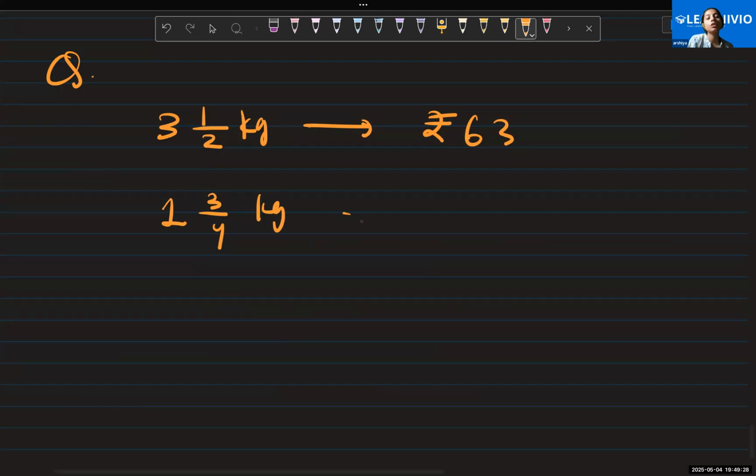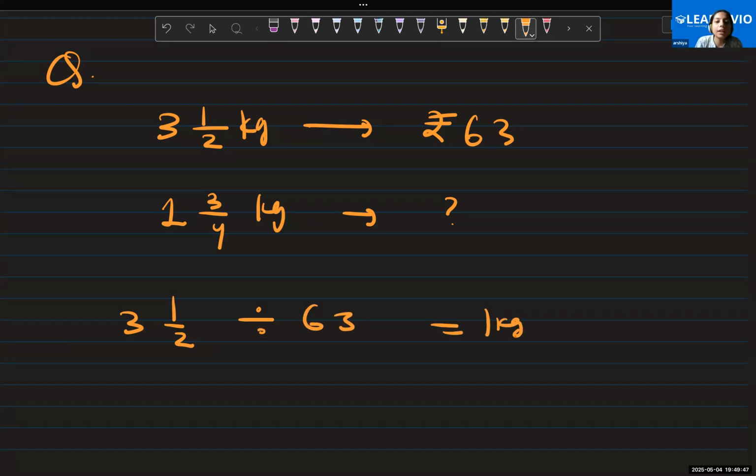So we have to find the cost of this. Basically this is a question from the unitary method. We need to find the cost of 1 kg. I will divide 63 by 3.5 so that I get the cost of 1 kg. And when I get that, I will multiply that cost with this amount. Do you want to give it a try?